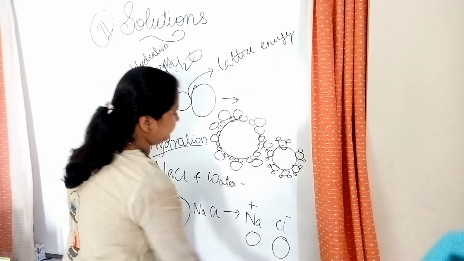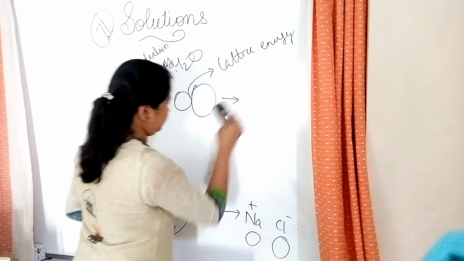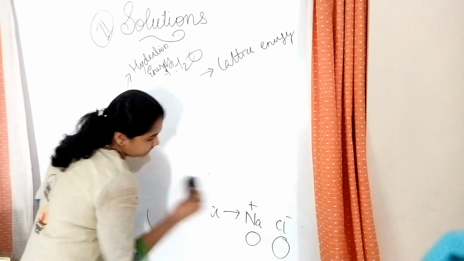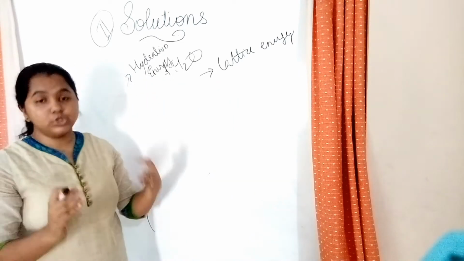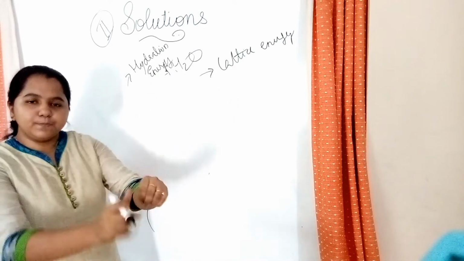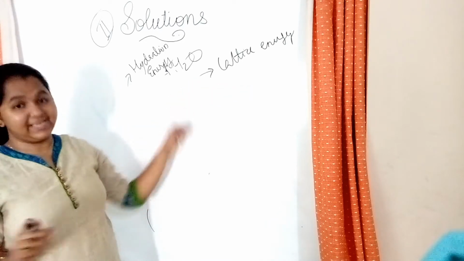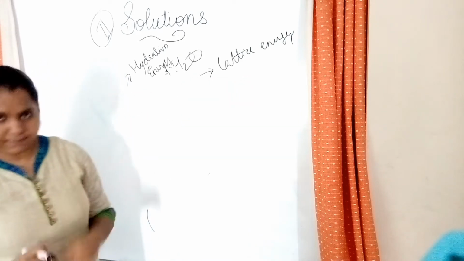So what is hydration energy? Hydration energy is the energy supplied by the water to pull the NaCl particles away. And what is lattice energy in this case? The energy between the NaCl particles.